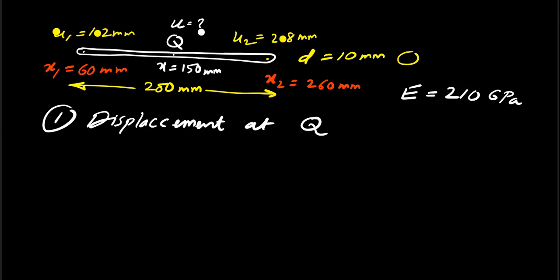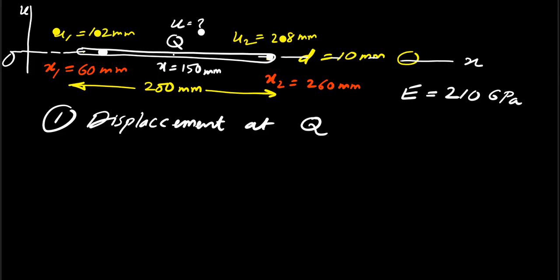Now first let me explain what is x1, x2 and x. For example, if you take some reference in x and y, like this, a reference line for the rod, then x will be the horizontal line.